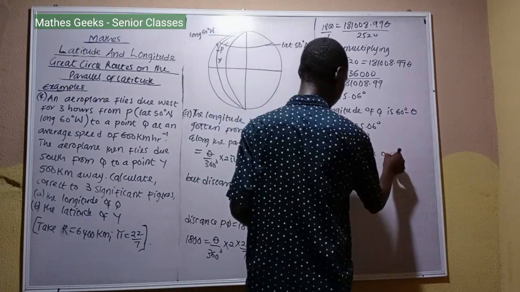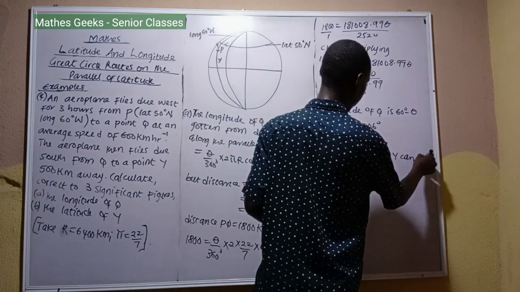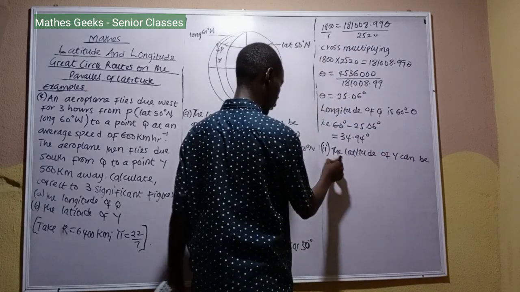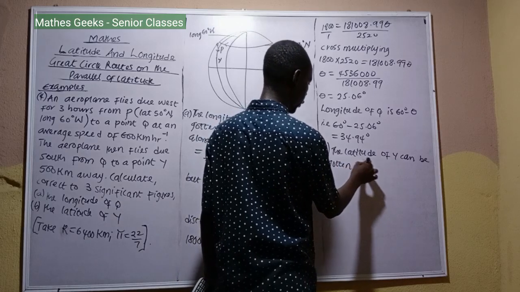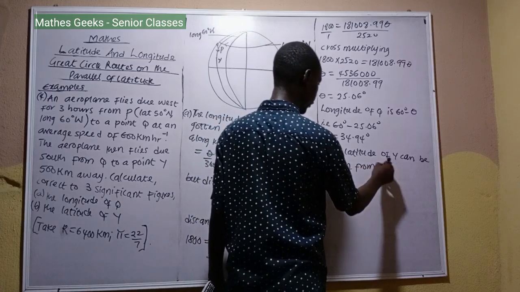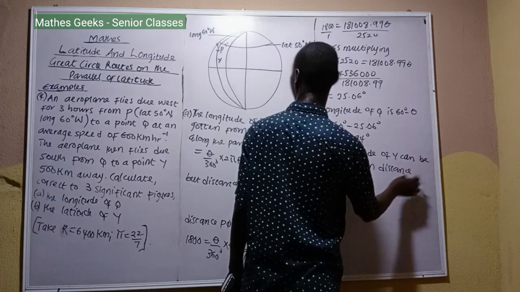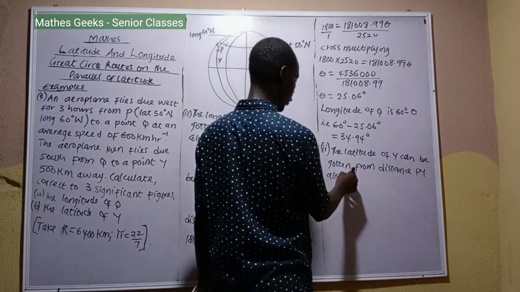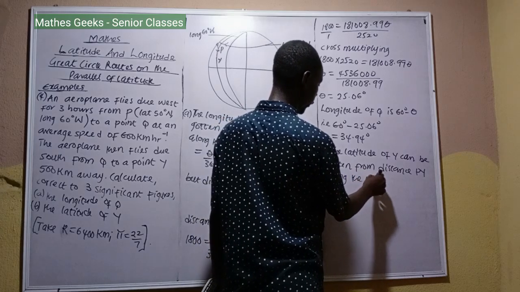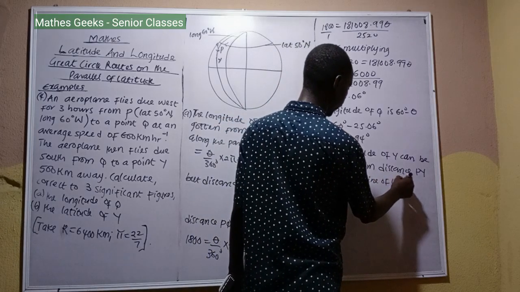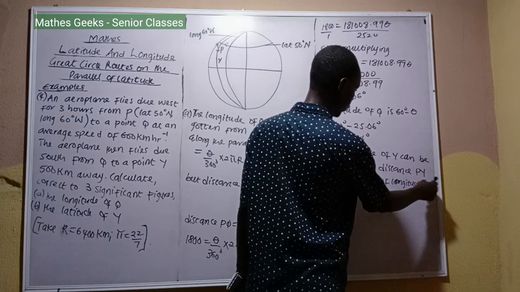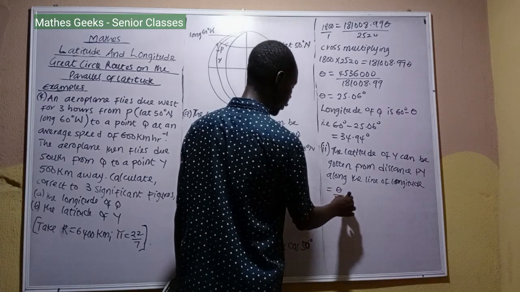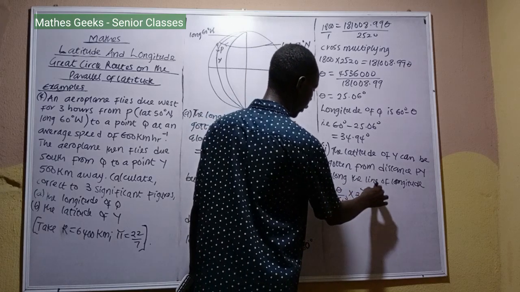Now let's see. The latitude of Y can be gotten from distance QY along the line of longitude, which is equal to theta over 360 degrees times 2 pi r.